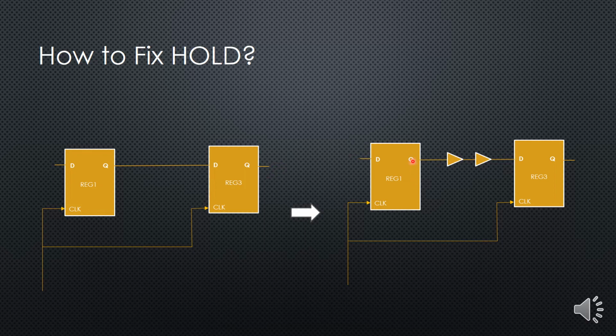Earlier there was no delay in reaching from the Q pin of reg 1 to the D pin of reg 3. Now that we have added buffers, it takes some time to reach from reg 1 to reg 3, and that serves the purpose, and the hold will be fixed here.